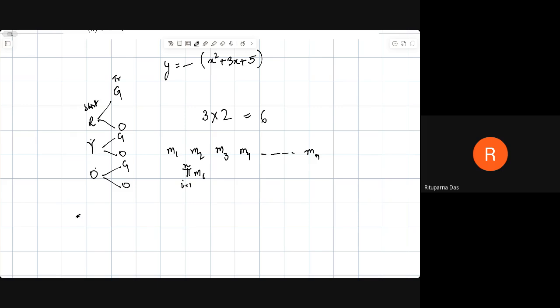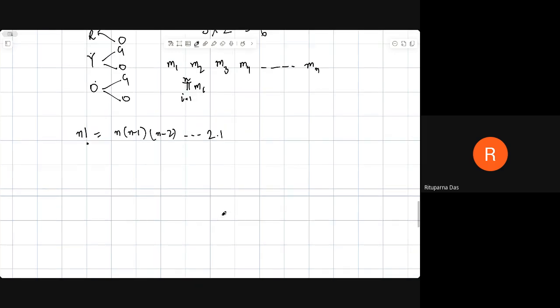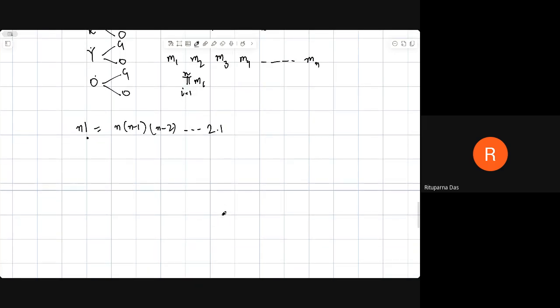Next we go to factorial. So n factorial is n into n minus 1, n minus 2, and so on, up to 1. When you have n objects and you want to find the permutation of n objects, the number of ways that happens is n factorial.